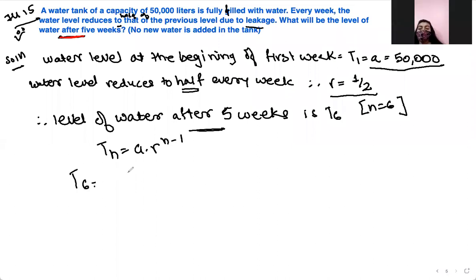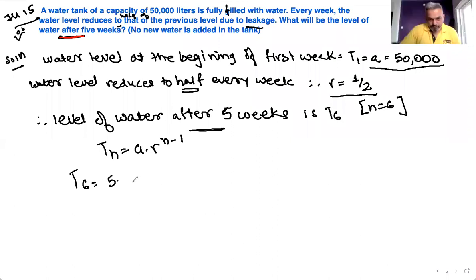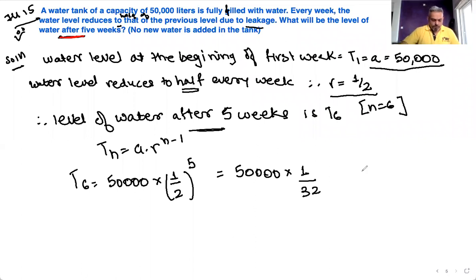So T6 is equal to A, which is 50,000, into R, which is 1 by 2, whole raised to n minus 1, 6 minus 1 is 5, which is equal to 50,000 into 1 raised to 5 is 1, and 2 raised to 5 is 32, which is equal to 1562.5 liters.